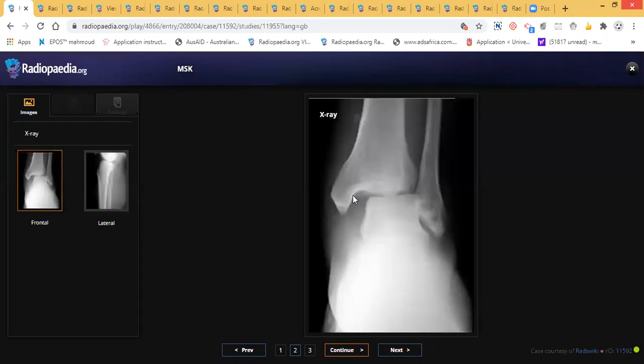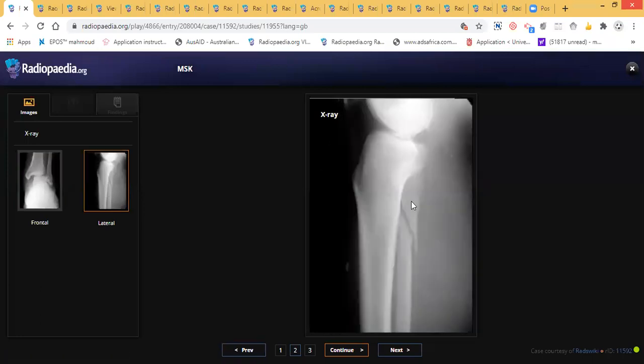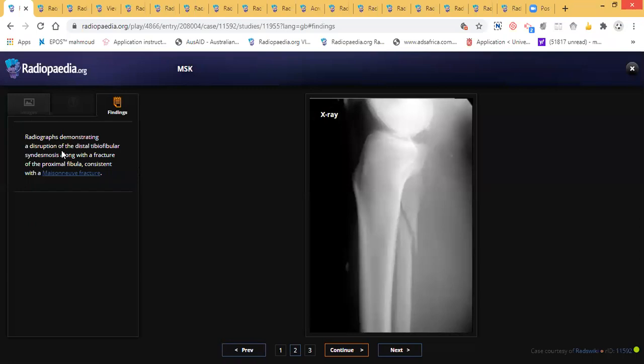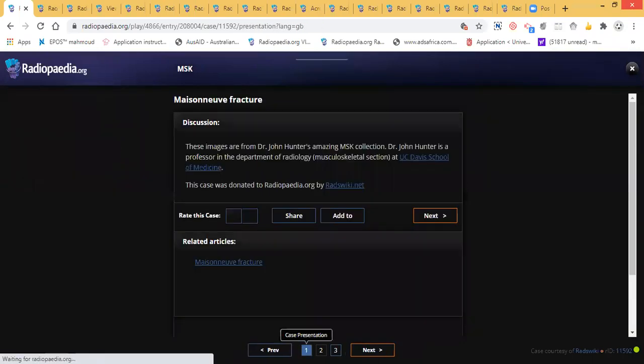You will find this one is widened and this one is fractured. So what should you ask for in this patient? You should ask for a proximal tibia view, so an X-ray for the upper leg and the knee. Yes, you'll find that there's a proximal fibular fracture, and this is what is called Maisonneuve.